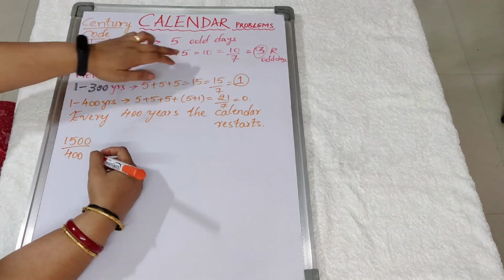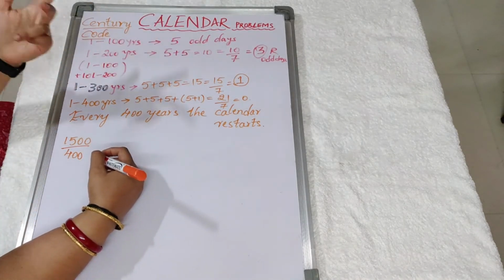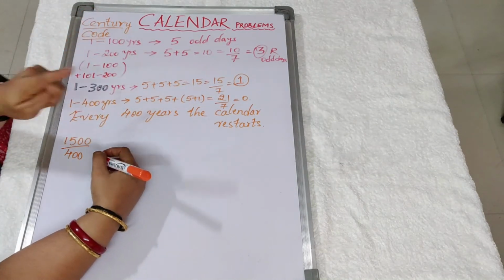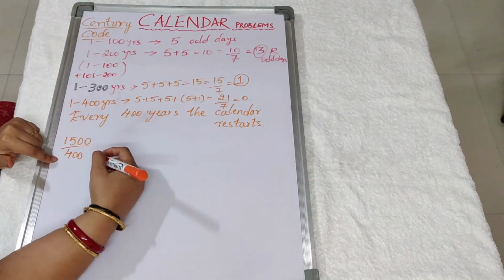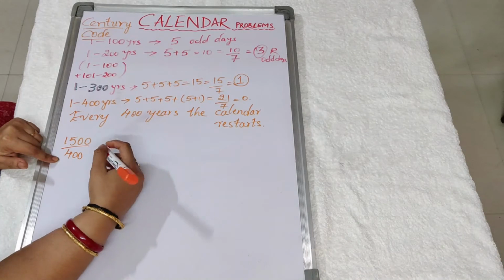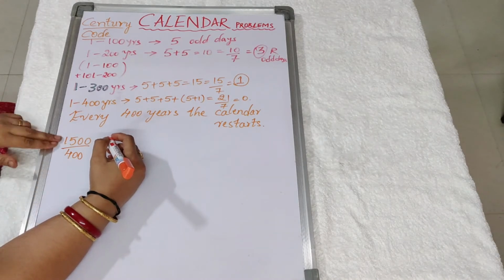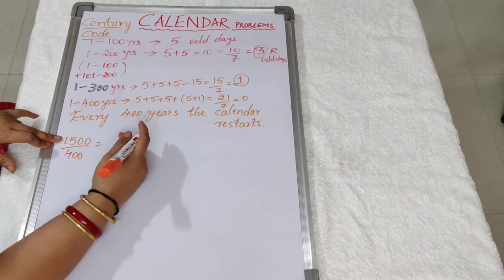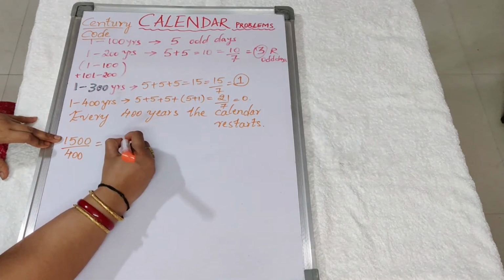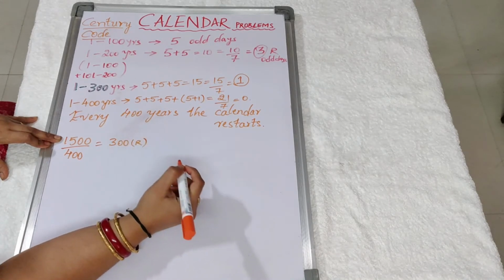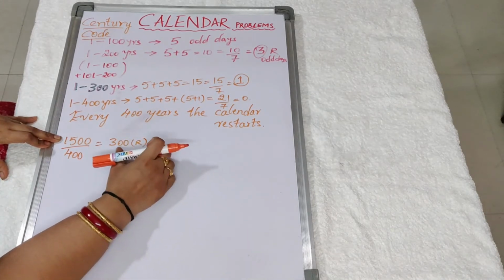For odd days you divide by 7, for leap year by 4, and for century code by 400. So what do you get if you divide 1500 by 400? 3 4s are 1200, and the remainder is 300. Am I right? So 300 is the remainder.